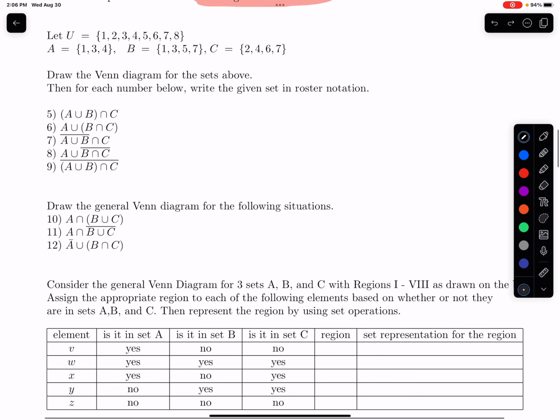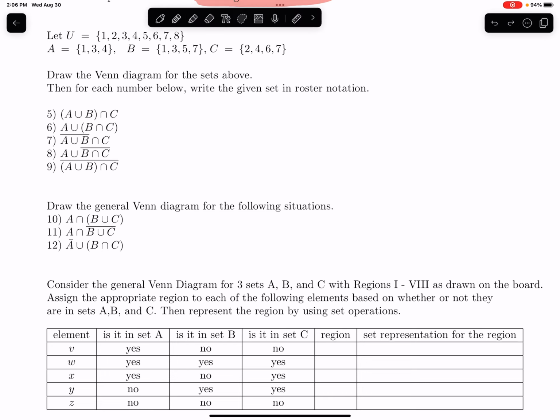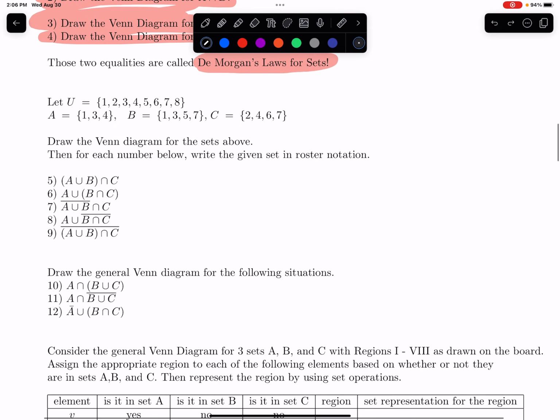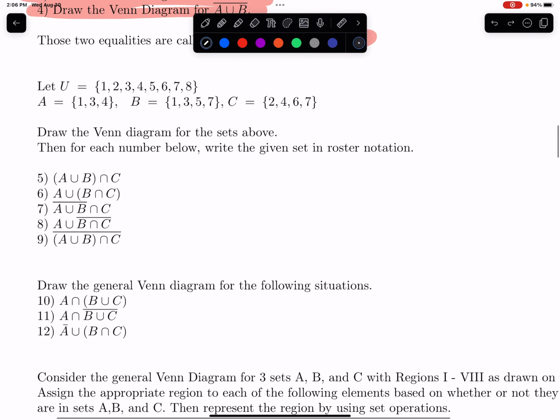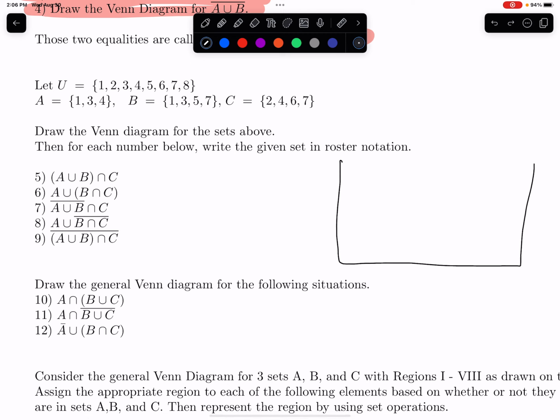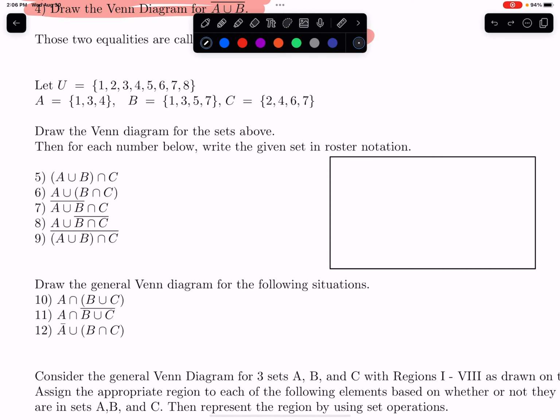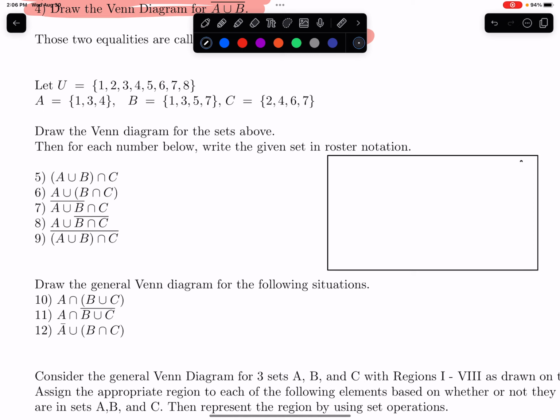Let's draw the diagram. Can I move this thing over here? It's kind of in my way. Let's move it up here. Okay, so drawing the diagram. I would actually recommend that you do it on a separate piece of paper. I'm only doing it here because I want to keep it close to the questions when I demonstrate them for you.